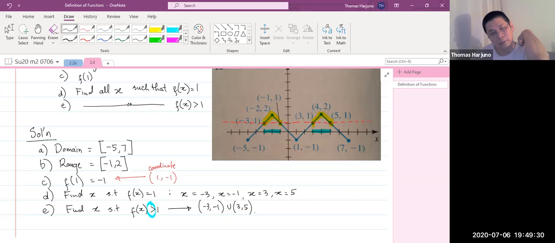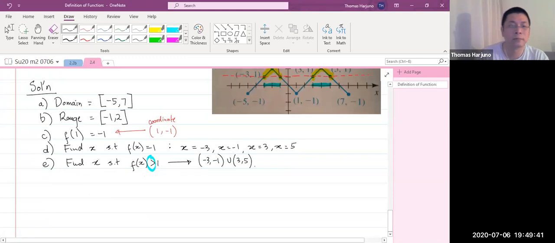Okay, now that's for reading the graph. Next, implied domain, or simply the domain.